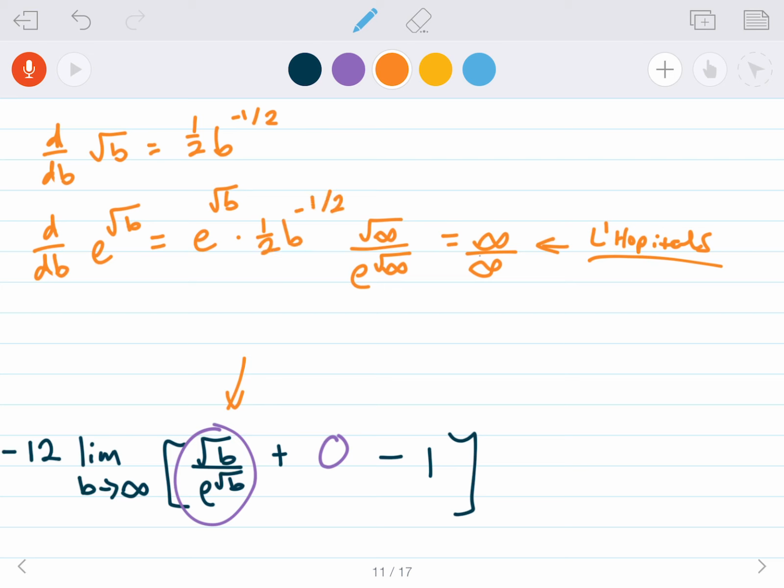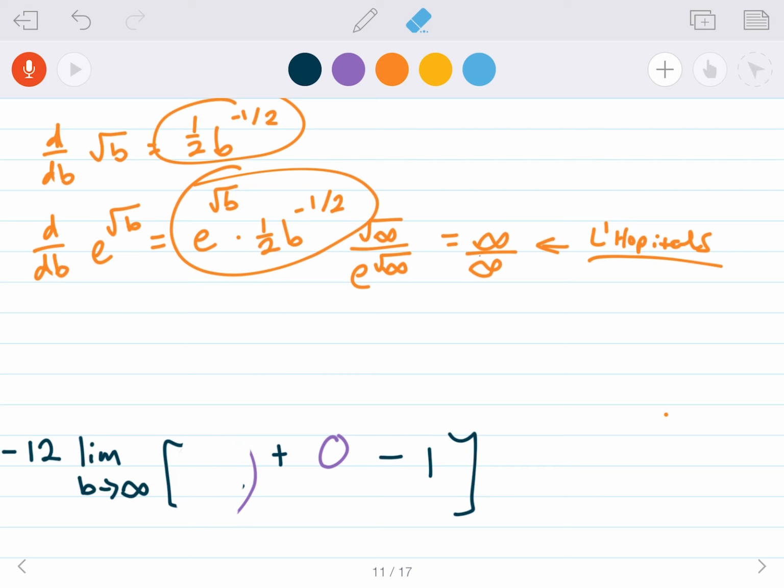All right, so when I use L'Hopital's rule, I can replace top and bottom with what I just found. Let's do that. We can see that these guys are going to cancel, and I'm just left with 1 over e to the root b.